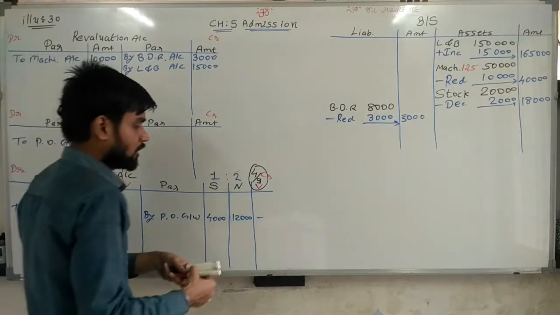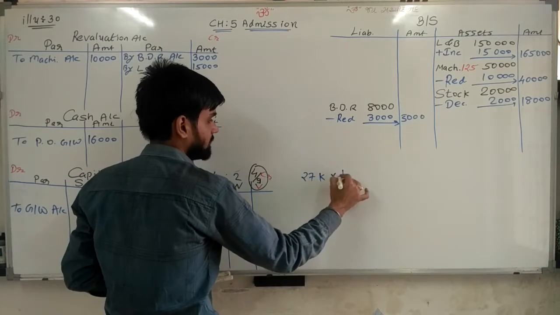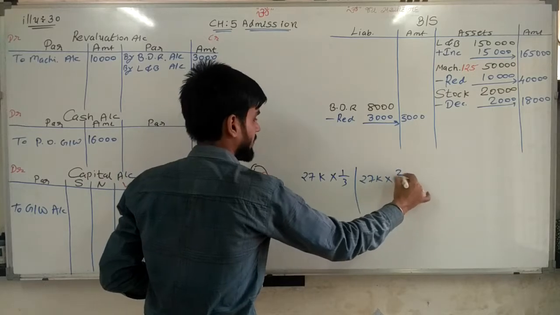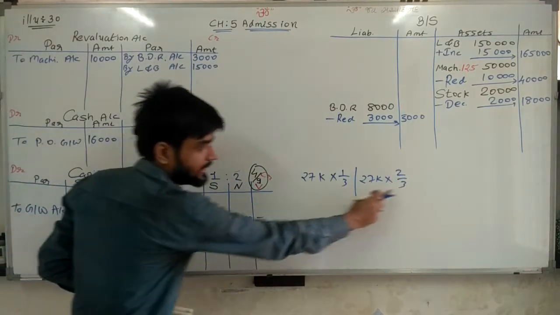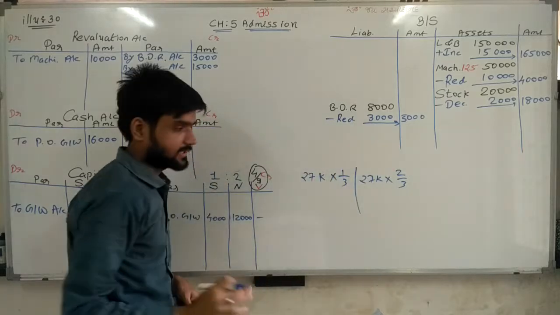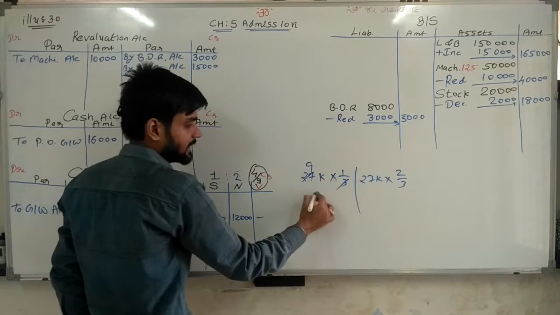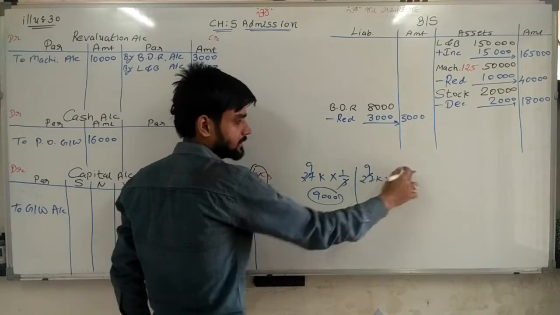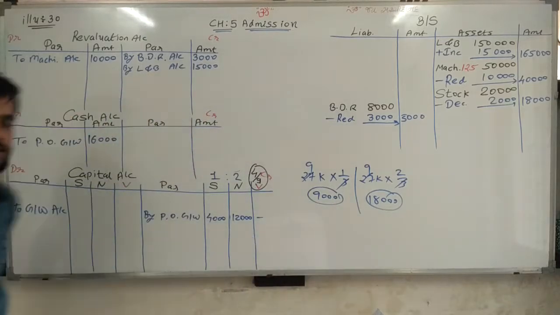So 27,000 multiply 1 by 3, and 27,000 multiply 2 by 3. 1 plus 2 is 3, divided by 3. 9 3s are 27, 1 is 9,000. 9 3s are 27, 2 is 18,000. So 9,000 and 18,000.